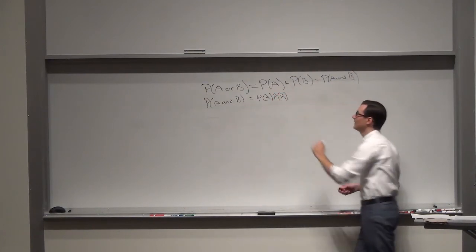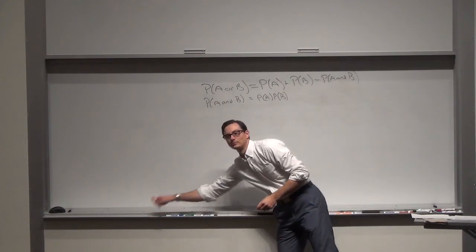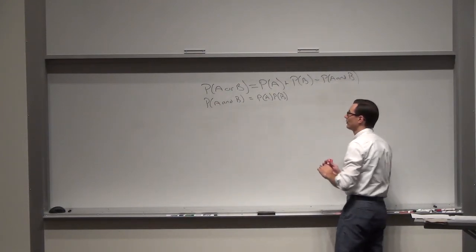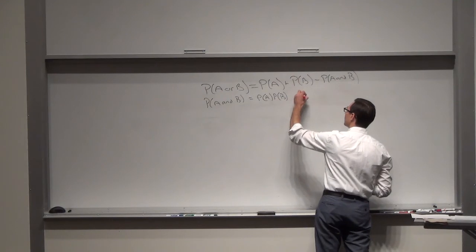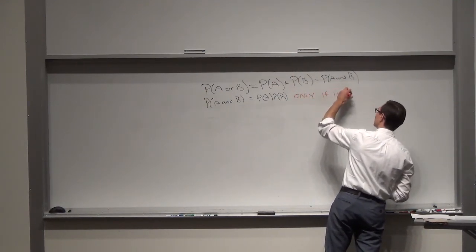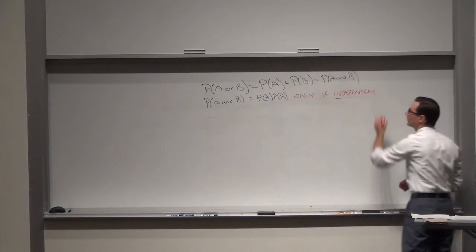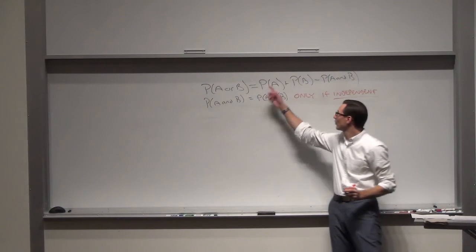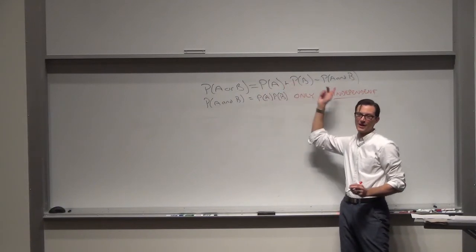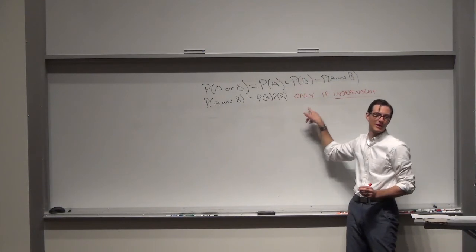Probability of A and B is probability of A times the probability of B only when you are certain that they are independent. So with OR we basically add, but with a caveat. And with AND we basically multiply, but with a caveat.